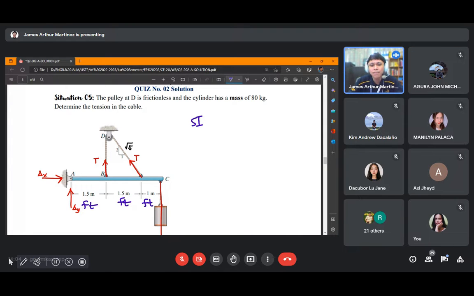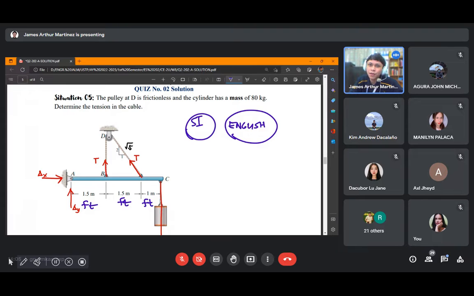So no problem, if in quiz number 2 you made a handwritten solution, I will accept your answer if your final answer is in SI units or in the English system of units. No problem with that. I will accept it because in the first place, the problem did not indicate which unit to express the final answer in.